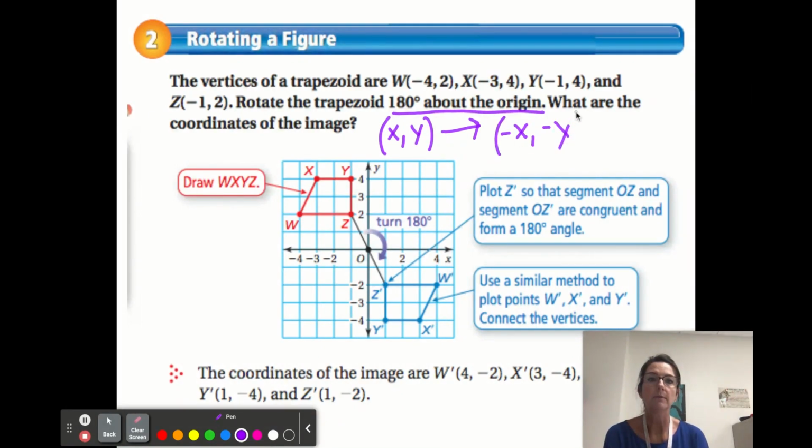So you might remember these from the reflections where only one of them was multiplied by a negative. In a 180-degree rotation, they are both multiplied by a negative. So we went from -4 to +4. We go from +2 to -2. Okay? So the 180-degree rotations are pretty easy because they stay in their same place and they just get multiplied by a negative.